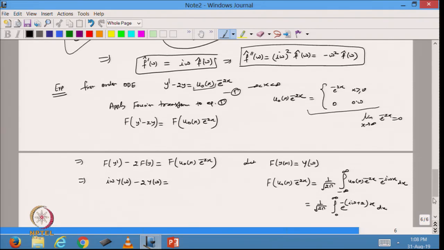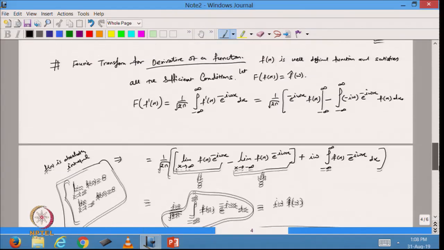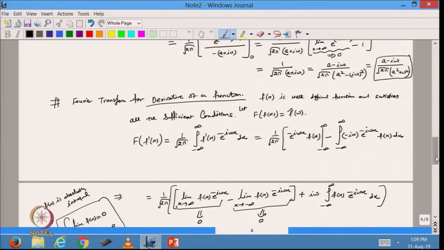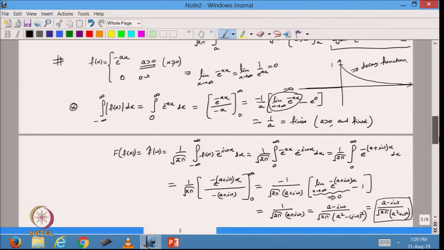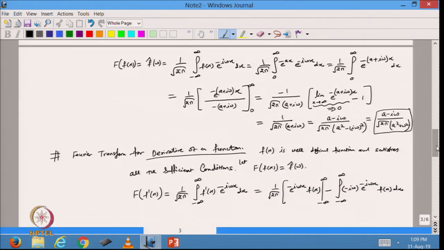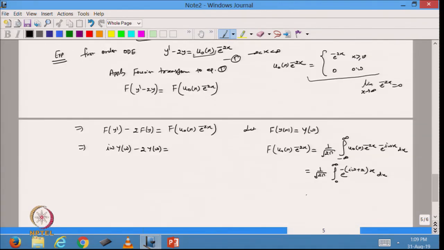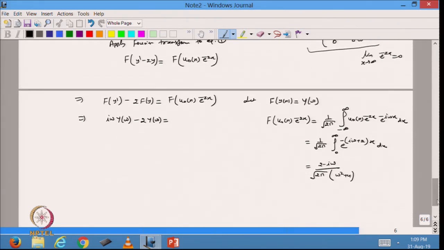So, just now we have seen this expression, and using the previous result I can write it, because this was e raised to power minus ax. So, instead of a I just put 2, so it will be (2 minus i omega) over omega square plus 4, because a is just 2, so a square. So, this is my expression.